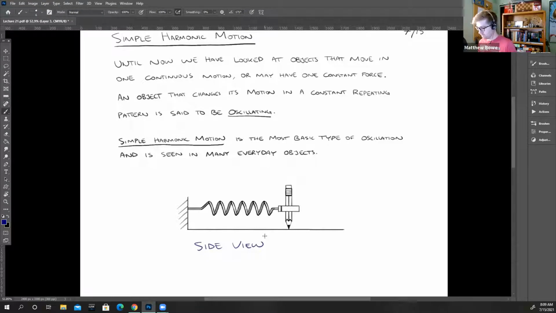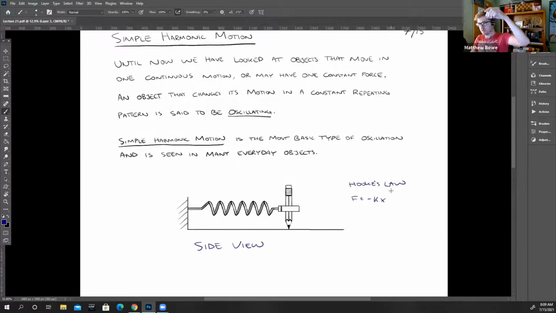We know from before, it follows Hooke's law, which is just this restoring force, which is related to its spring constant times how far you displace it from its resting point. So pulling it a little bit, there's just a little bit of force pushing it back up.